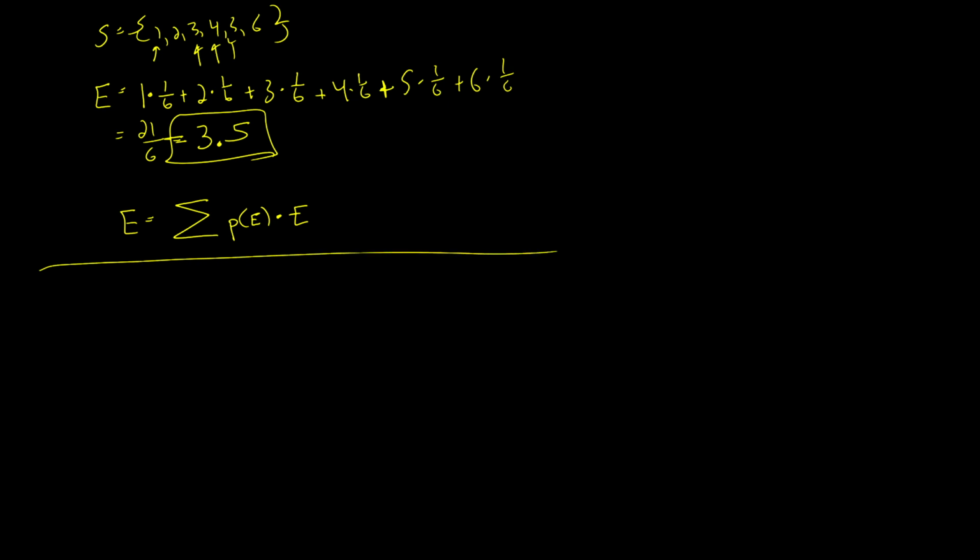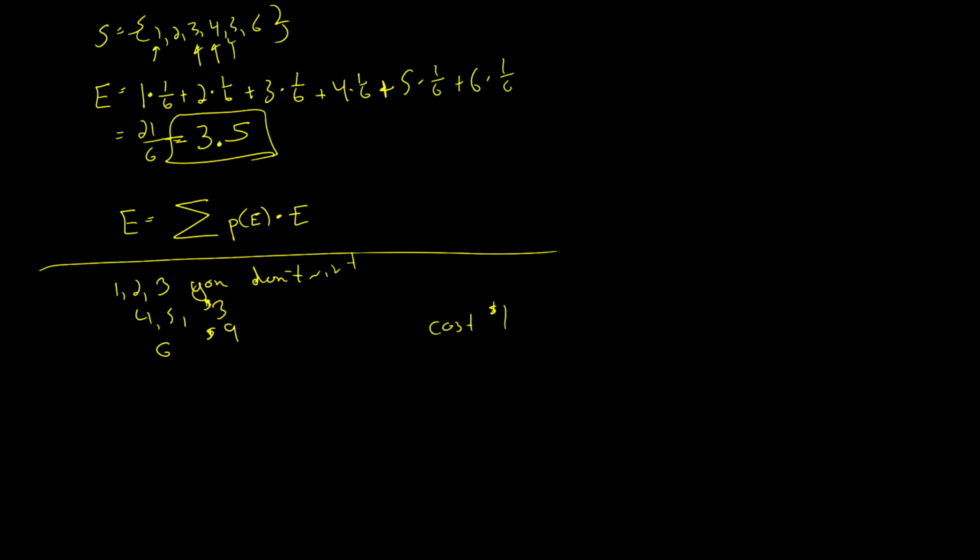If you're using one die, and the die is rolled and shows 1, 2, or 3, you don't win. If it shows 4 or 5, you win $3. And if it shows 6, you win $9. And it costs $1 to play the game.